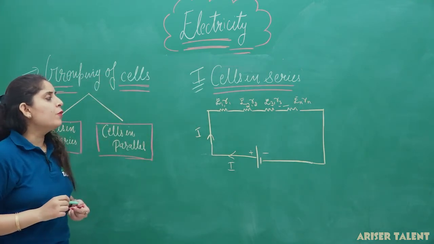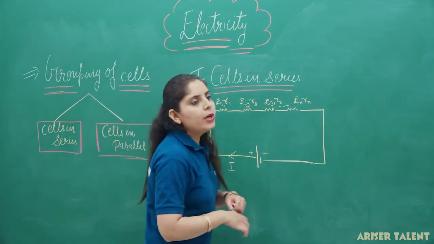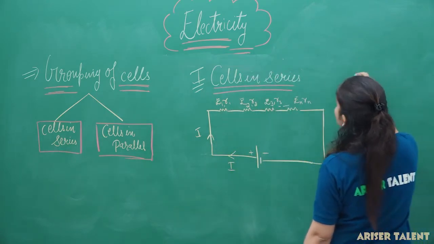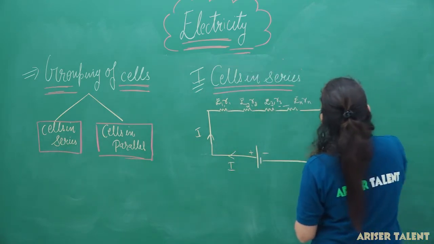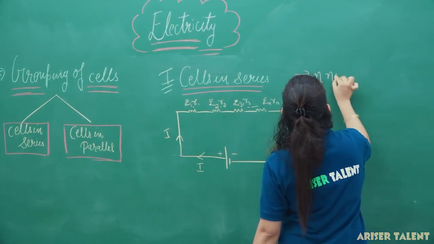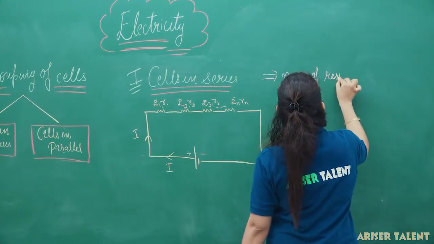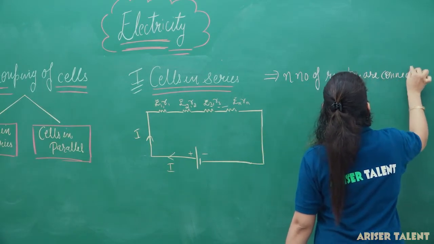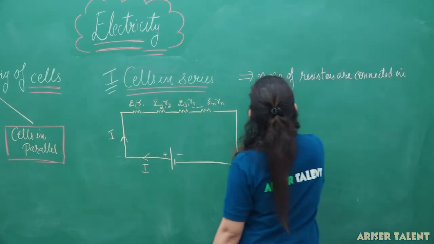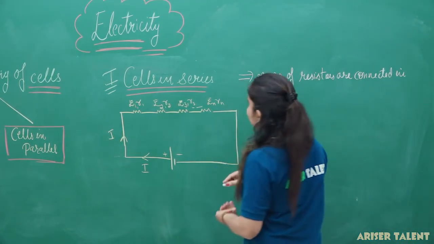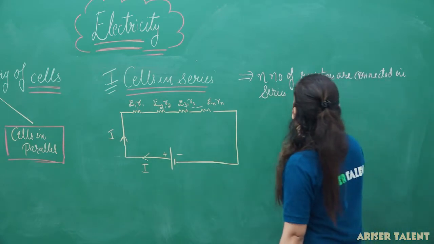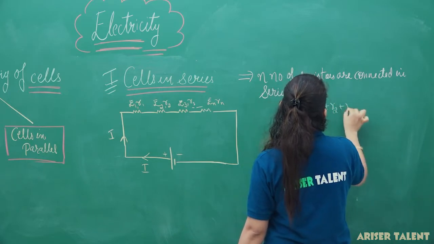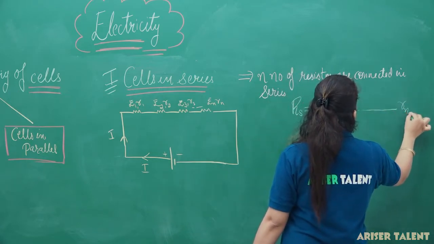Now, what will happen in this circuit? If I am going to determine the current flowing in the circuit, what I have to do? I can write the expression for the circuit. Firstly, we have seen that n number of resistors are connected in series. So, the equivalent resistance of the circuit, that is Rs, came out to be R1 plus R2 plus R3 up to Rn.